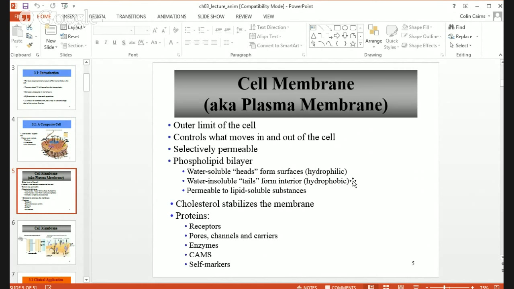Water-soluble substances are not allowed to penetrate the membrane. Cholesterol stabilizes this membrane. And there are also proteins in the membrane: receptors, pores, channels, and carriers, enzymes, cell adhesion molecules, and then self-markers.